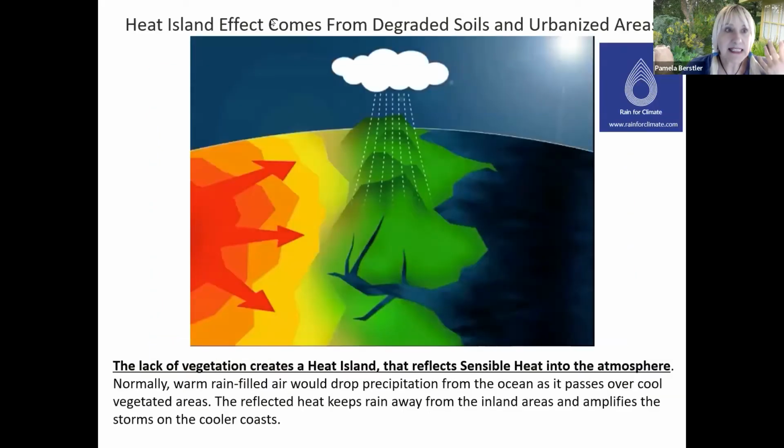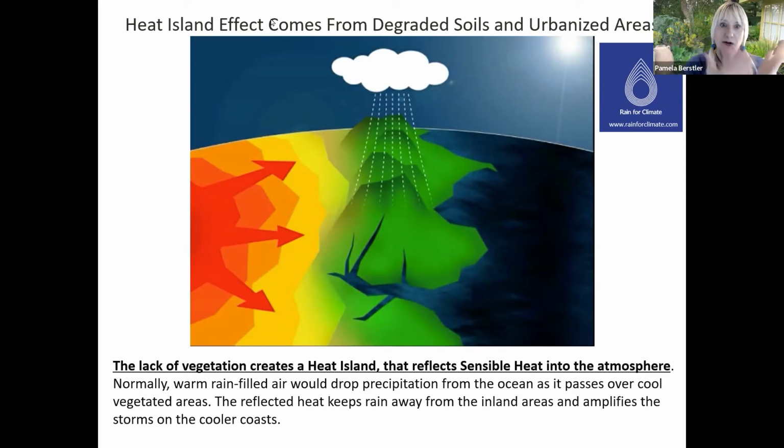And yes, this heat island effect comes directly from desertification. It comes from the lack of vegetation on the land and the lack of healthy soil that is able to manage that vegetation.